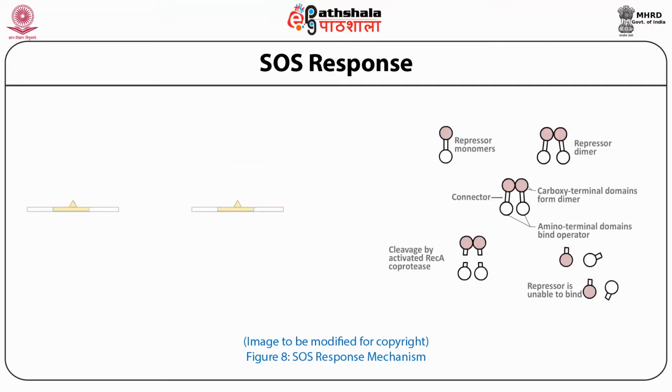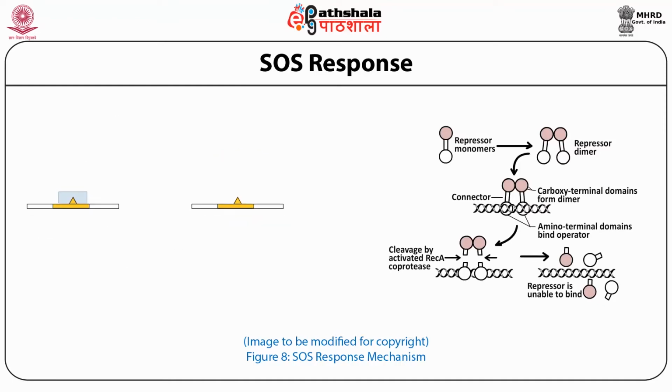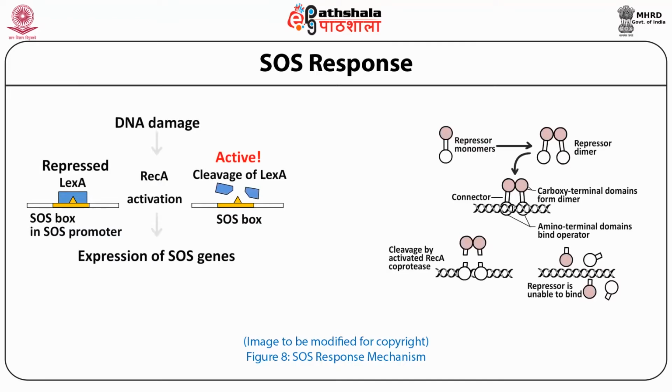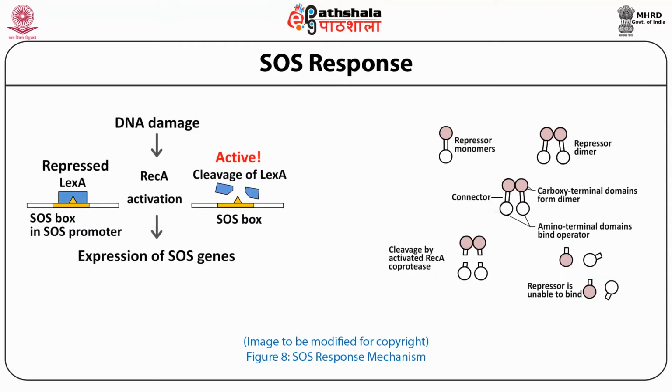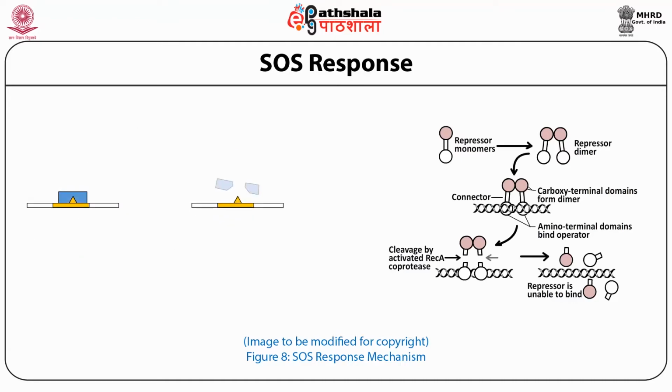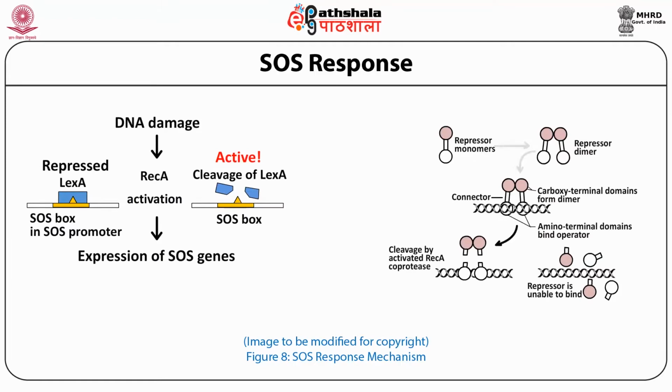Once the repression is removed, due to the damage signal mediated by RecA, different SOS genes start to express. In bacteria, nearly 40 different kinds of SOS genes can be expressed, which include recA and lexA as well as the nucleotide excision repair genes like uvrA and uvrB.